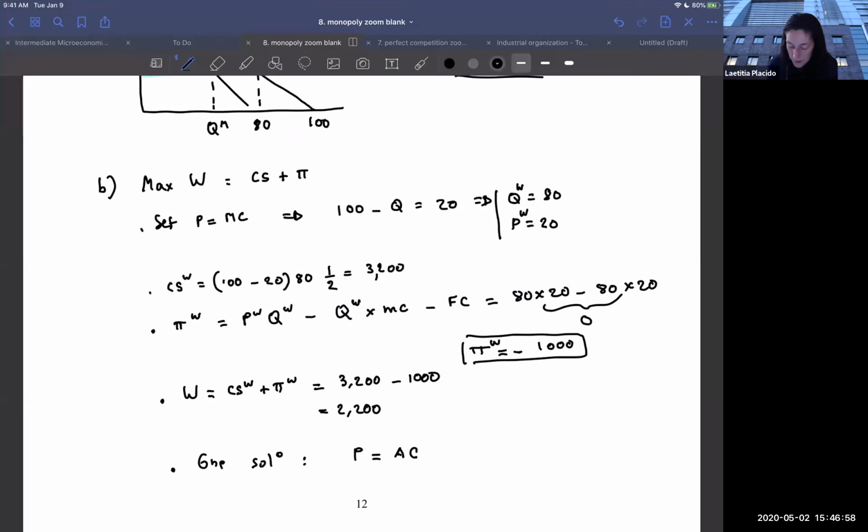This solution would make the profit equal to 0. The consumer surplus will be slightly lower than when you set price equals marginal cost. But overall, with this scenario, the firm will stay in the market and it will break even.